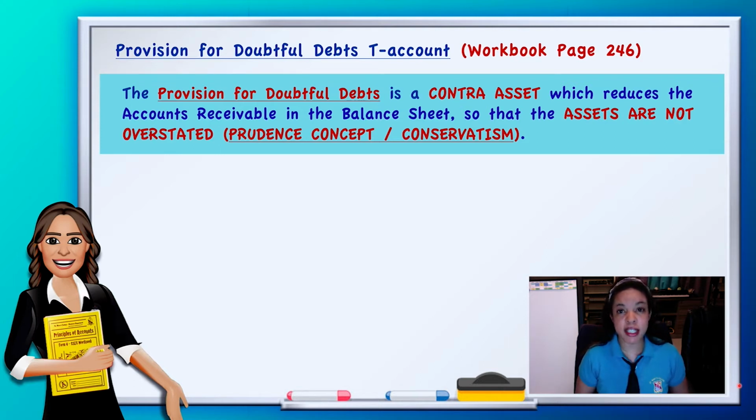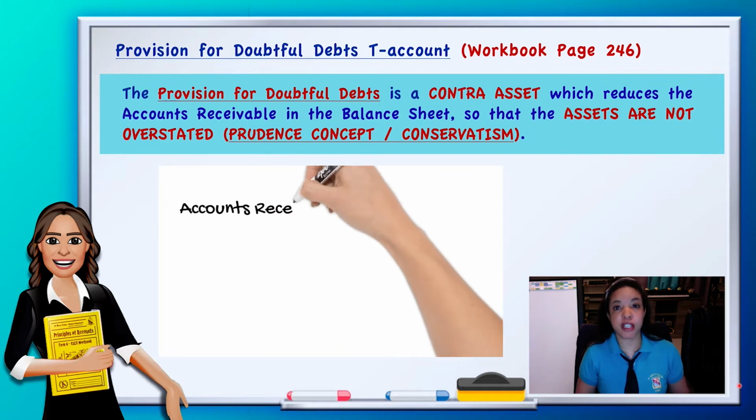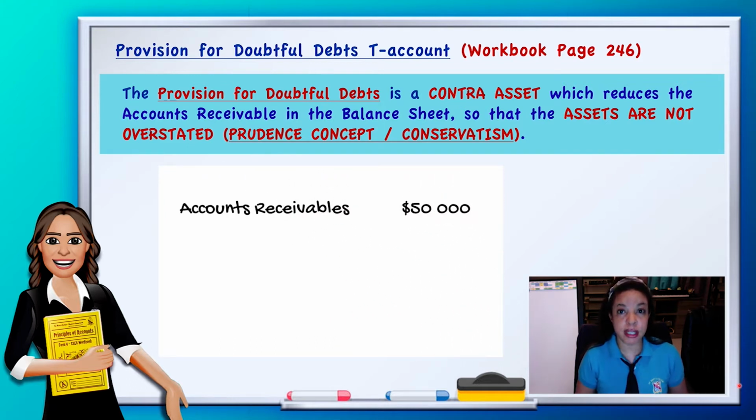So if they saw that you had $50,000 in receivables, that is an asset, the amount of money that they expect us to actually receive in the future. But we know, because of past experiences and the probabilities, that a certain percentage may not be able to pay that $50,000 or part of it.